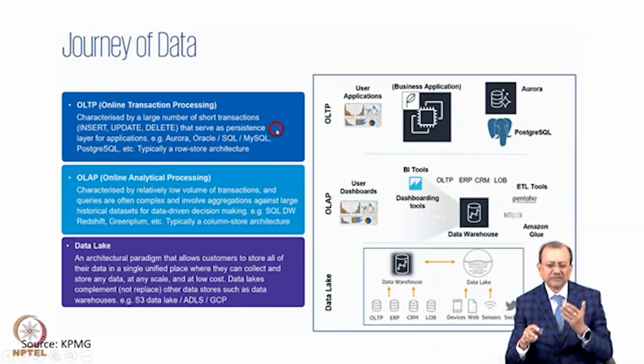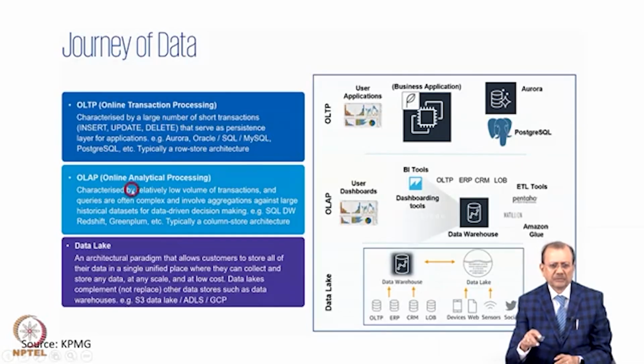Like when you deal with your bank account and you deposit something and you withdraw, it is a transaction. This kind of data operation is called online transaction processing. I have given some tools over here, but not necessarily these tools are there. But this is the interpretation of an online transaction processing system. Many systems in organizations fall under this category of OLTP.